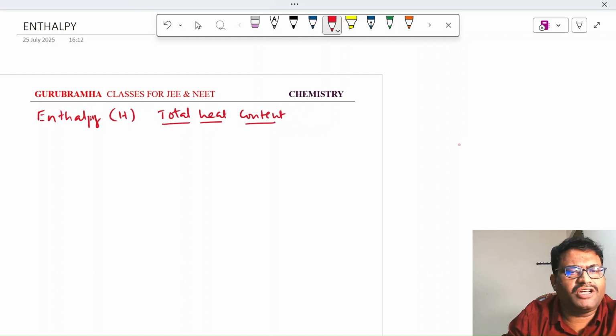We are speaking about types of enthalpies. During a reaction, there will be a change in the heat energy of the system.